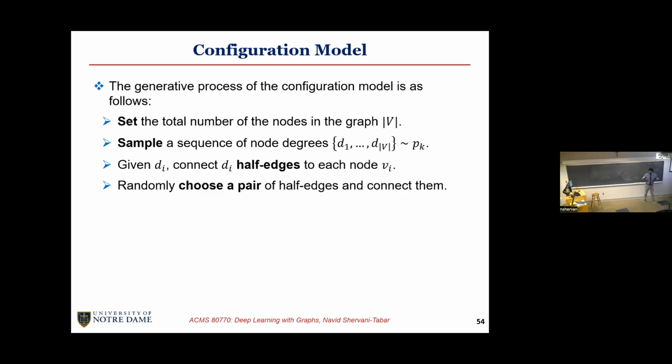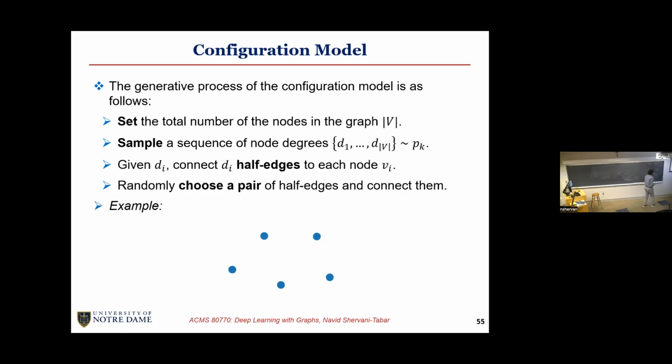So I sample a sequence of node degrees from distribution pk, and then for each node vi, I add di half edges to that node. And then in the last step, I randomly choose 2 half edges and connect them to each other. And that's the way you construct graphs using the configuration model.